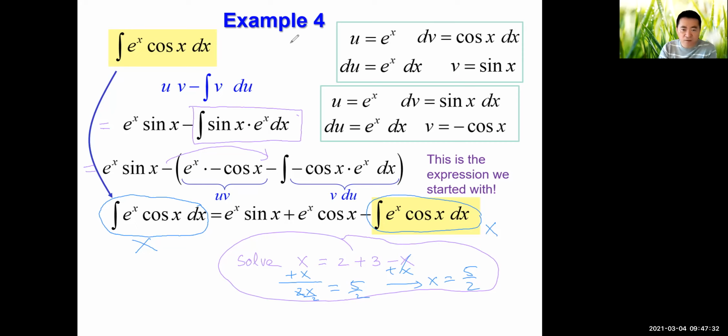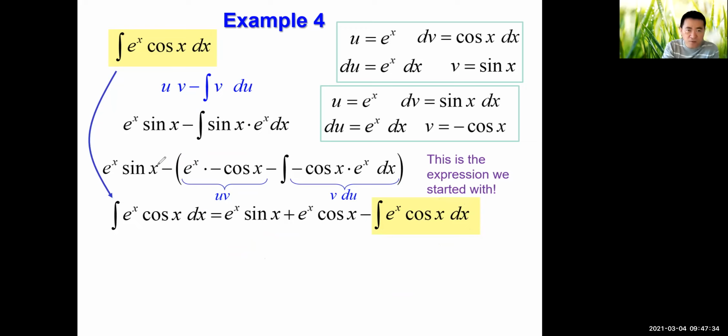Let me clear this. So if you have x equal to this minus x, what will you do? You add x on both sides. You get 2x on this side, and on the other side the x cancels out.